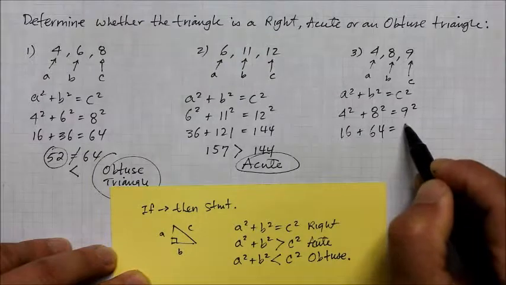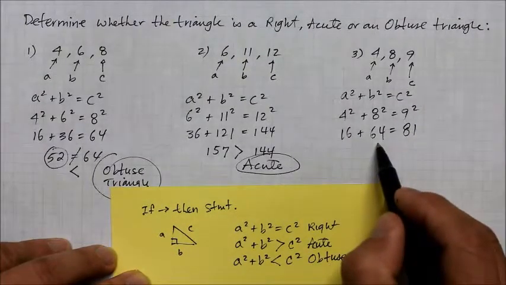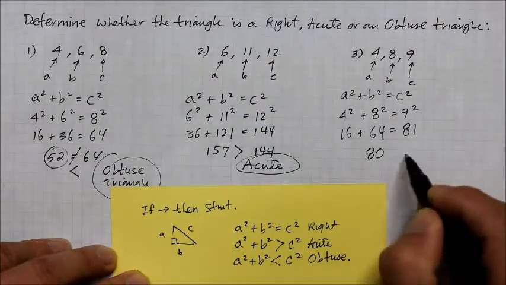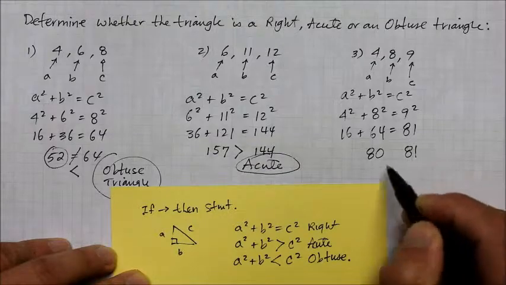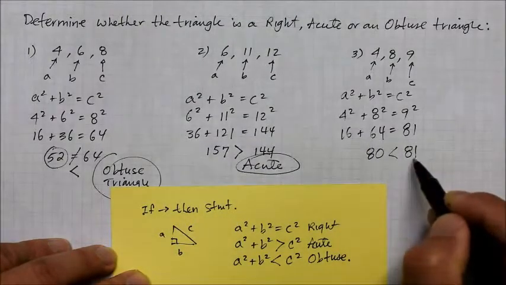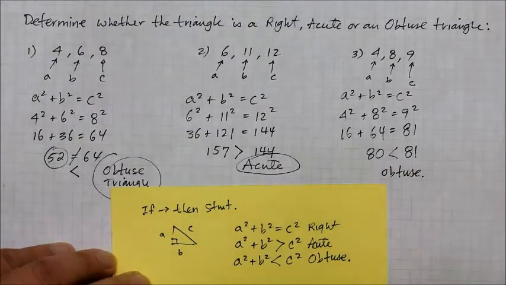Does that equal 9 squared, which is 81? 16 plus 64 is 80, close, but not quite 81. So in this case, the sum of a squared and b squared is less than c squared. This is, again, an obtuse triangle.